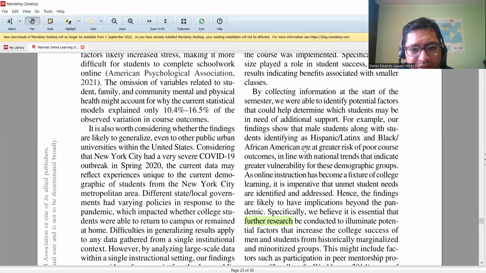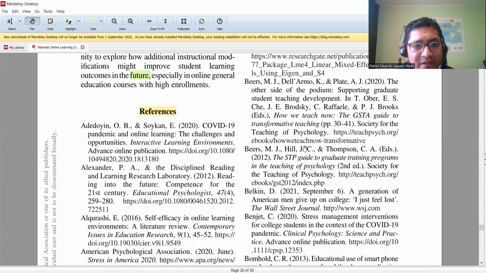Okay, so coming back to the last part of the article, we do have the references here. As you may see, references are written in APA format, which we already know. In the references, as you may remember, we have all the sources or all the works that we have used in our citations.